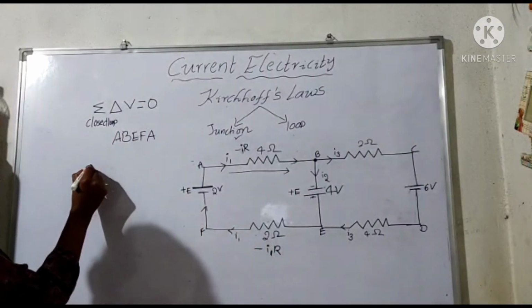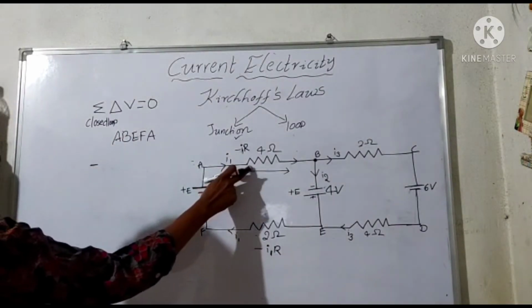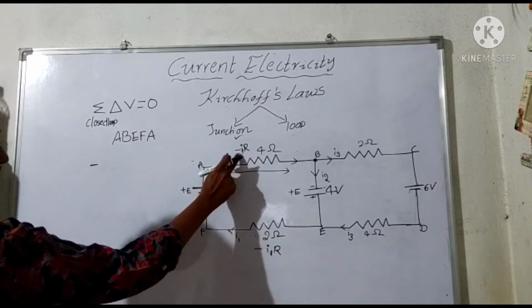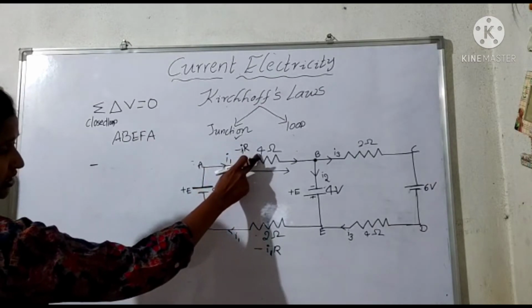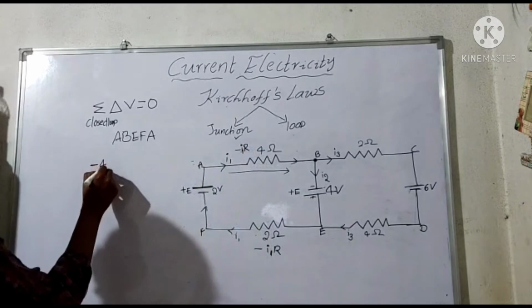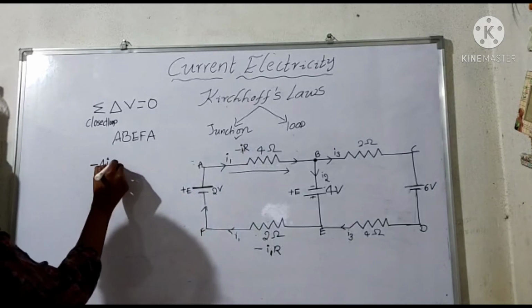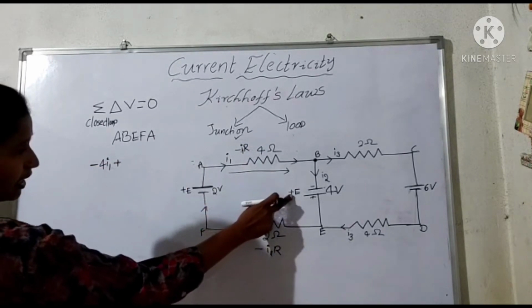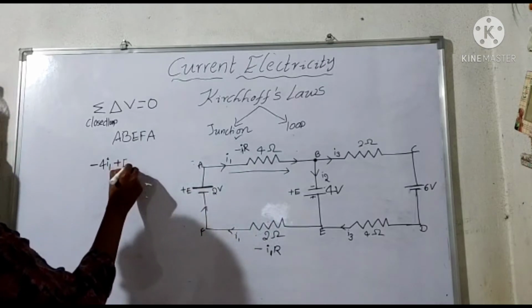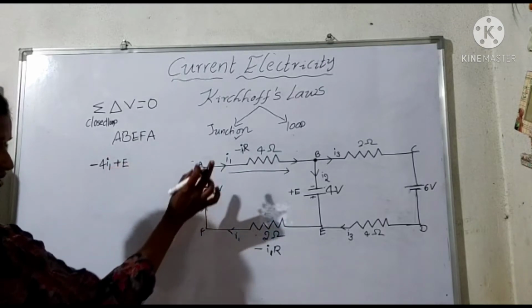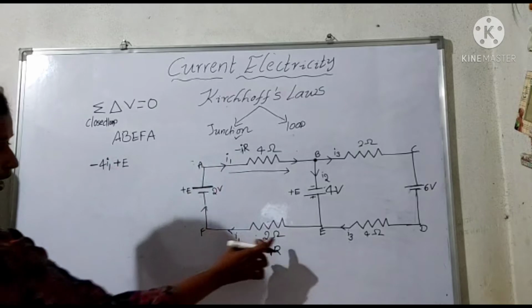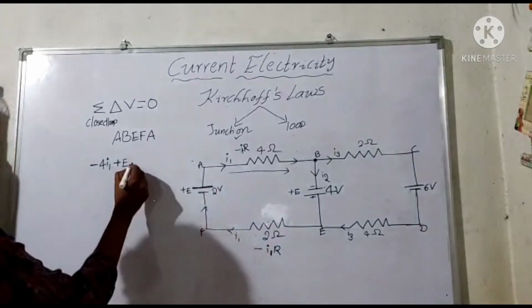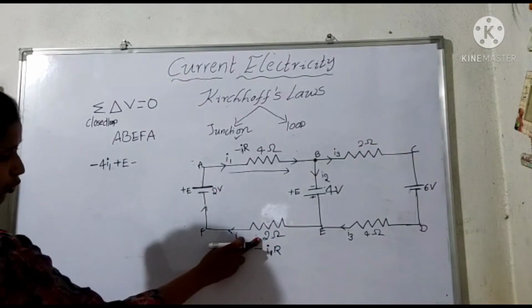First, minus through the resistor, minus I1 R. R value how much here? 4. That means minus 4 I1, plus through the battery E, because in a loop we are adding the EMFs and the resistors in that loop. And third, this we can add. Here how much is the R value? 2.